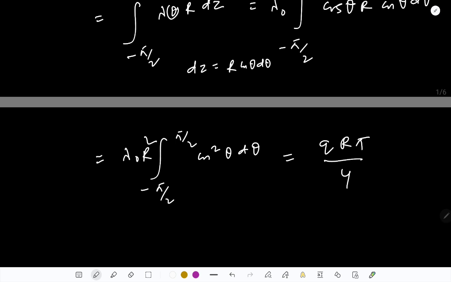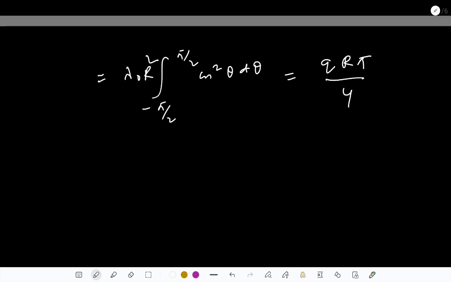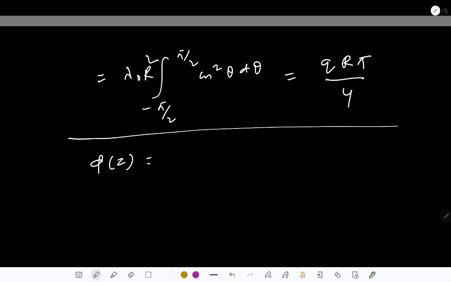This is the dipole moment. Once you have calculated the dipole moment of the system, you can also calculate the potential of the system on the z axis. We can use the formula for phi of z in terms of the dipole moment: it can be written as 1 upon 4 pi epsilon naught, p dot r by r cube.